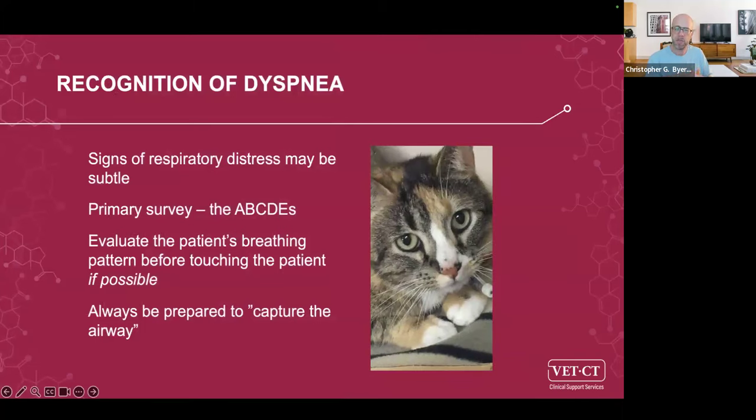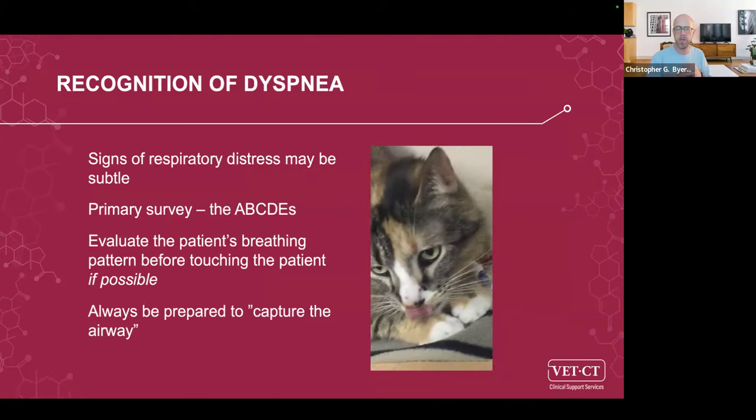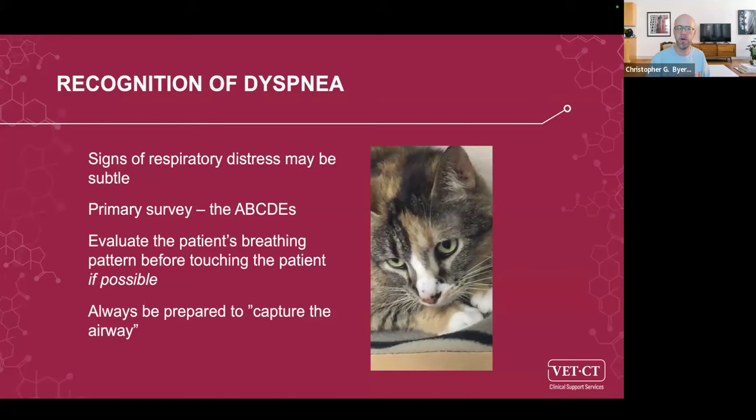Think about cats when they're presented to you. They're in their carrier. They are usually at the back of the carrier, and often they've buried themselves beneath a towel. And so sometimes the only thing you and I see is their adorable little face and maybe just the tip of their nose.